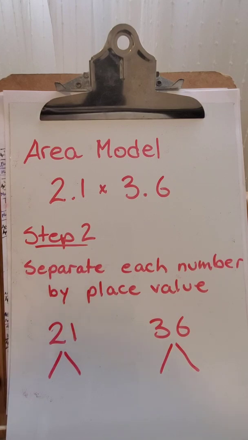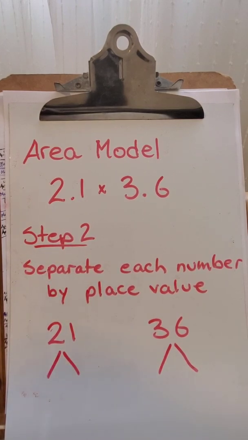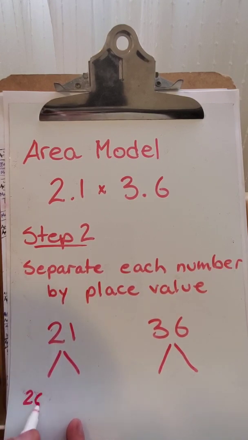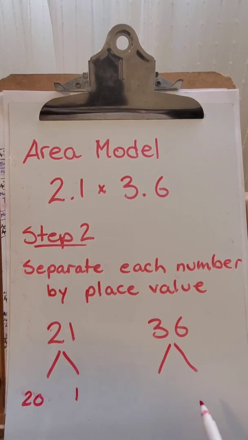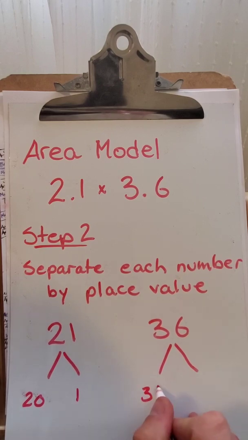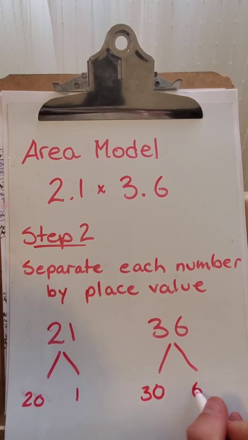Step 2, we're going to separate each number by place value. What that means is I'm going to separate 21 into 20 and 1. And respectively, I will separate 36 into 30 and 6.